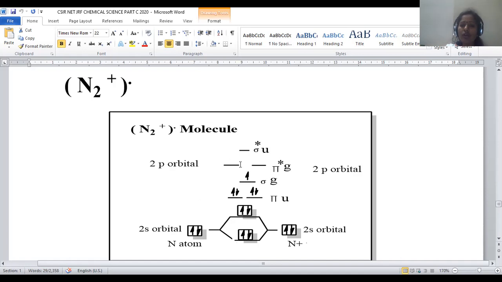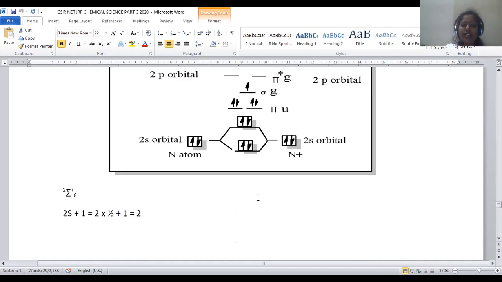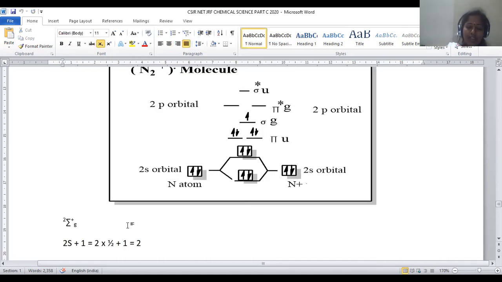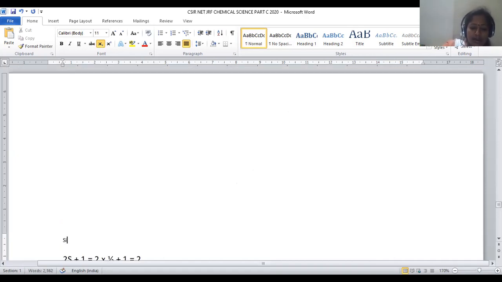Where we have the odd electron present in the sigma gerade orbital. Let us see what gerade and ungerade are. Gerade is given for, if you are taking a sigma bonding orbital, this is called a gerade orbital. Then the sigma antibonding orbital is denoted as ungerade orbital.